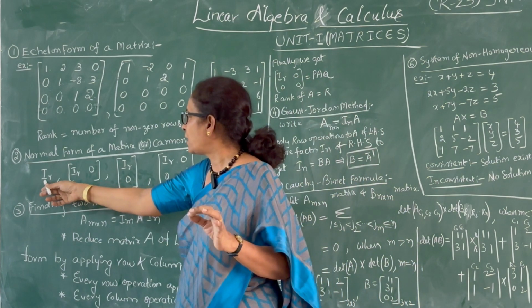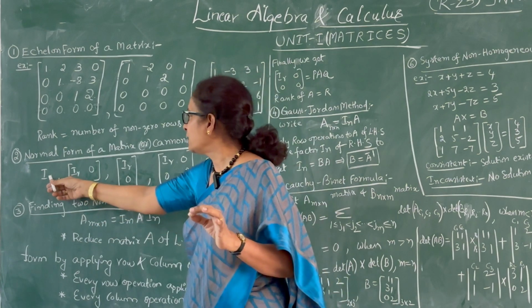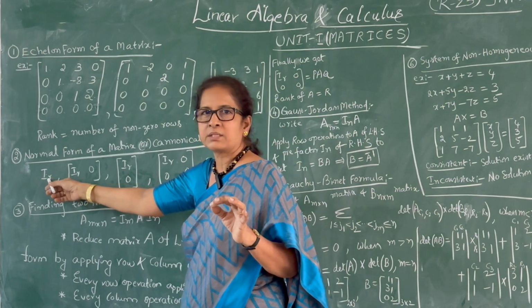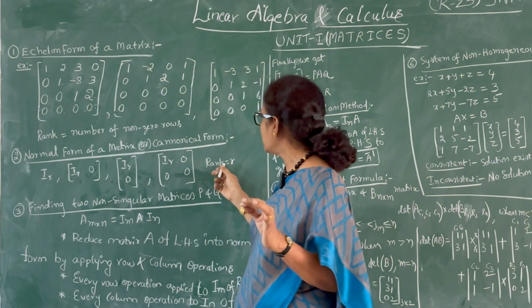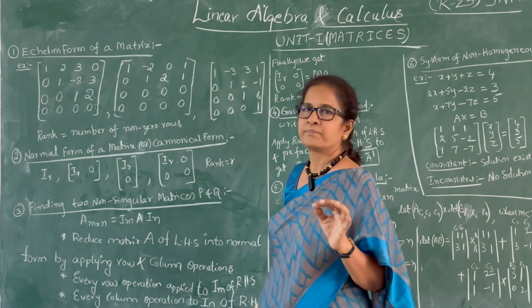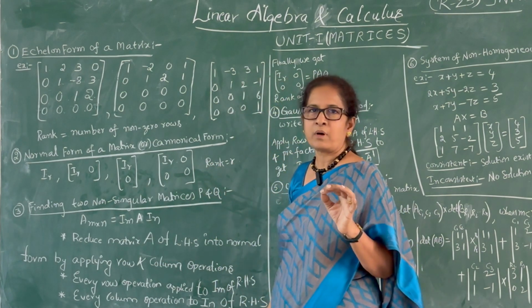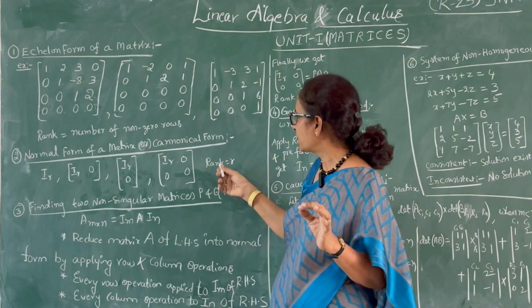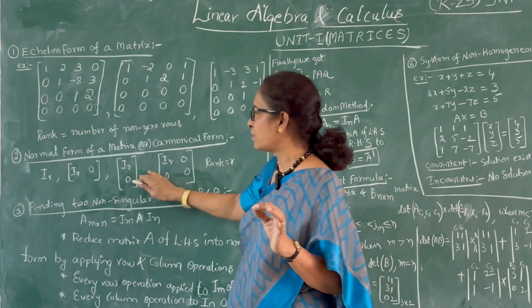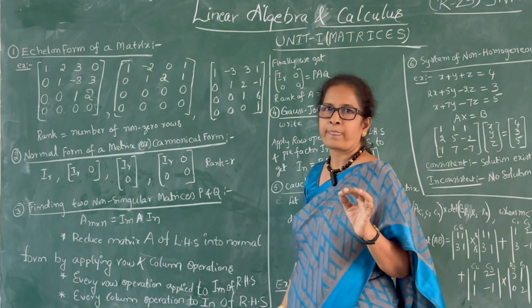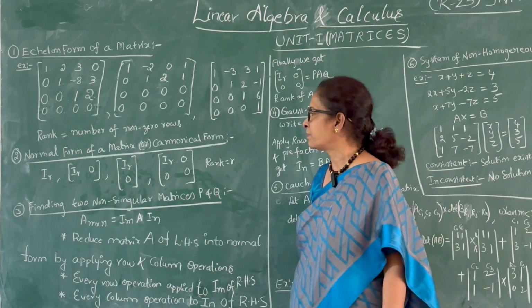Here we have I_r. This I_r means unit matrix of order r. So here rank is equal to r. In normal form of a matrix, rank is r. These are the structures of normal forms. Okay, this is the second topic.